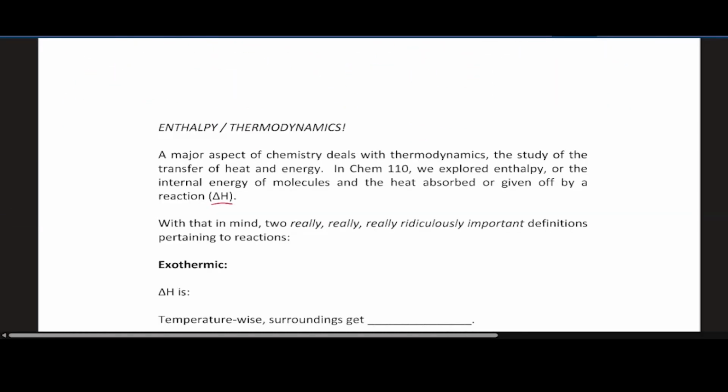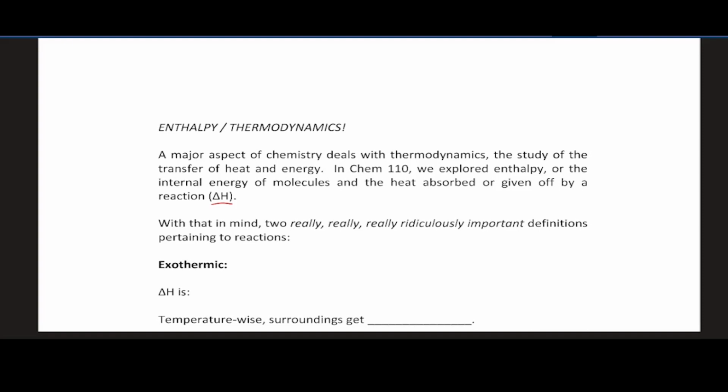Alright, let's move on to enthalpy and thermodynamics. This is a huge unit in this course. We have a whole section just for thermodynamics, so it's really important that we understand the differences between enthalpy, entropy, and free energy. Today I'll just be going over enthalpy. Enthalpy, if we remember from Gen Chem 1, is the heat exchange with surroundings.